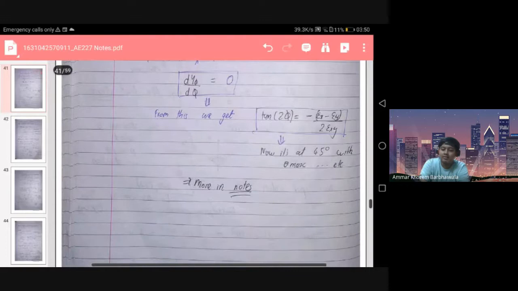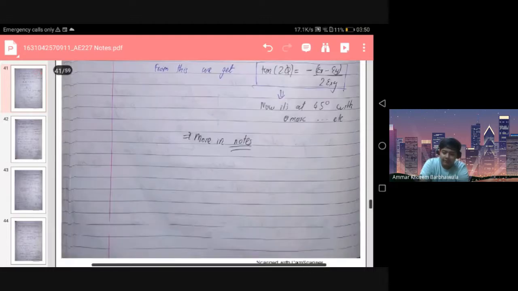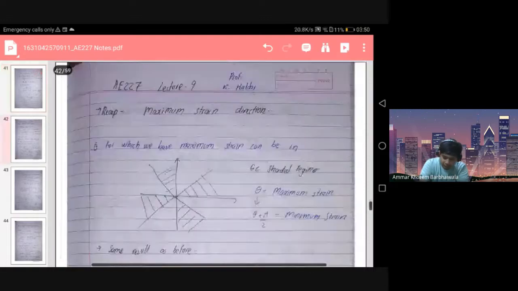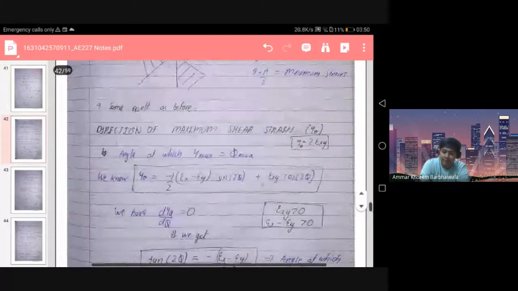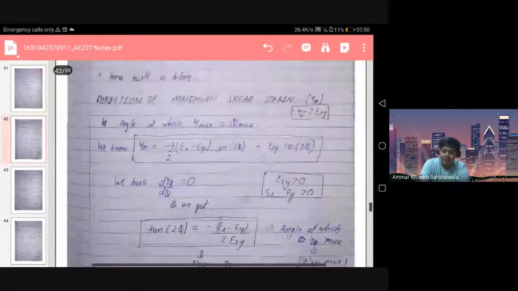For that maximum the slope is perpendicular, minus 1 by m, so the 2 phi angle is at 90 degrees with the 2 theta angle.